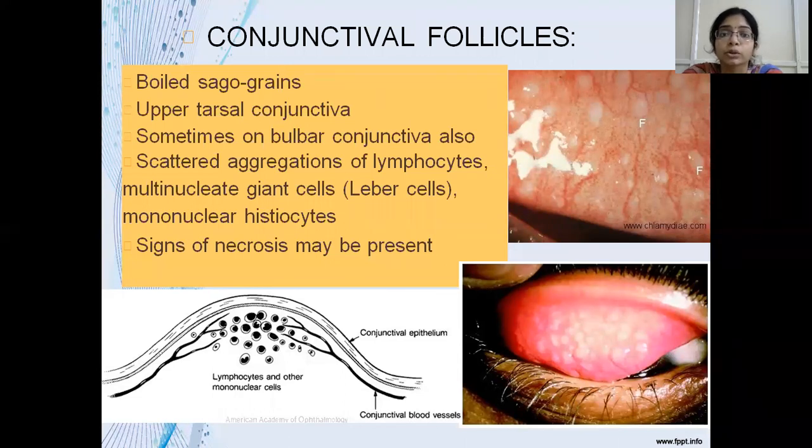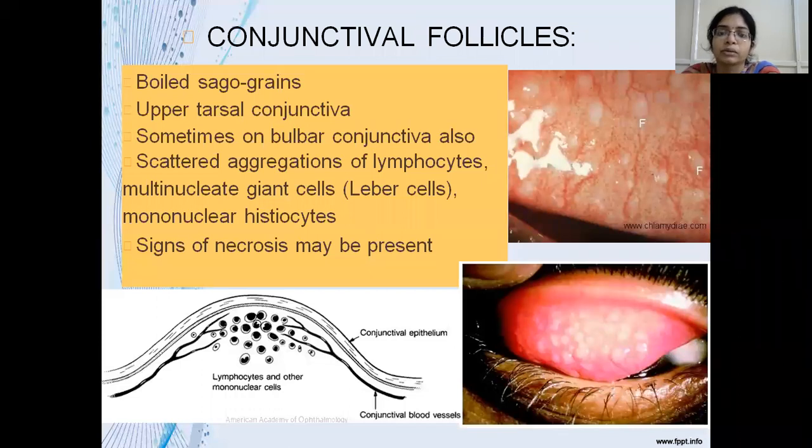Alright? So, now conjunctival follicles, these are typically seen on the upper tarsal conjunctiva, and please remember, this is not the only location. It is typical in upper tarsal, but it can also be seen in other locations such as the bulbar conjunctiva, sometimes even the lower fornix, lower palpebral conjunctiva.